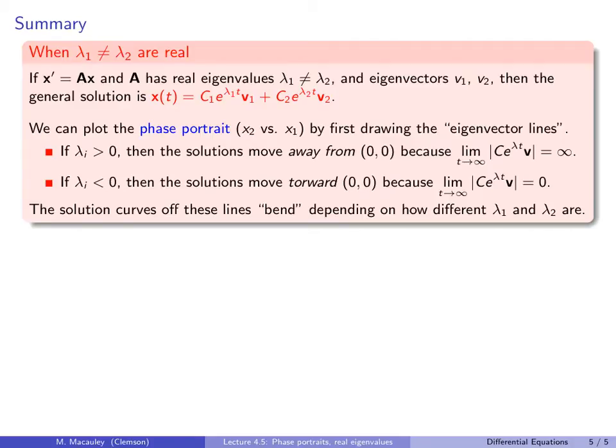So if we have a system x prime equals Ax, then A has distinct real eigenvalues lambda 1 and lambda 2, and corresponding eigenvectors, which must be distinct because they could scale by different amounts. Then the general solution to this system is this thing here. And in fact, this isn't just restricted to these being real. If these are complex, we get the same thing, but we will do some extra work to turn them into sines and cosines, like what we did for second order equations.